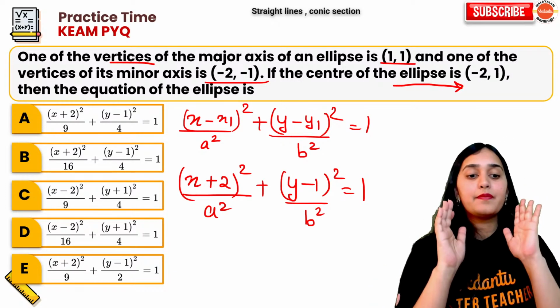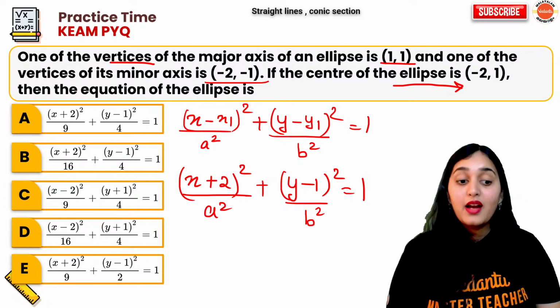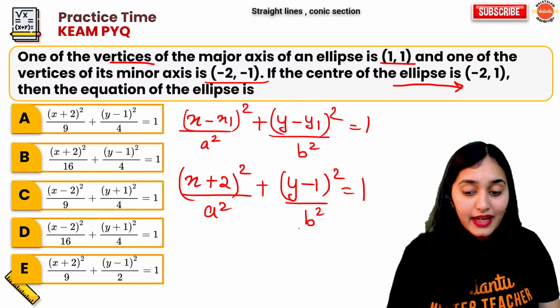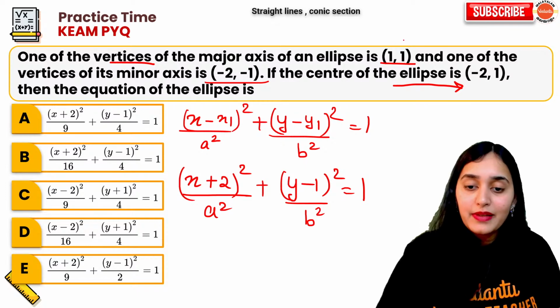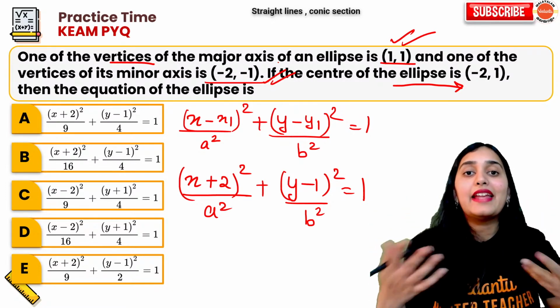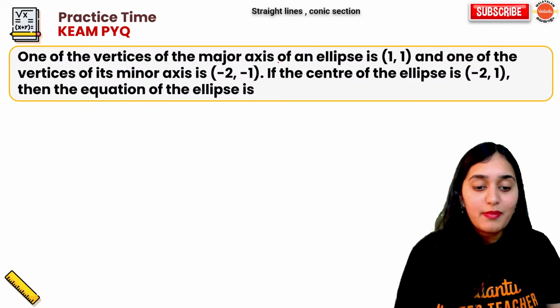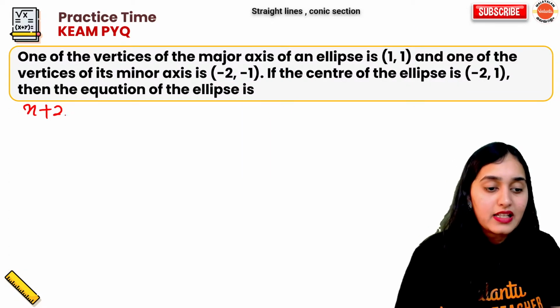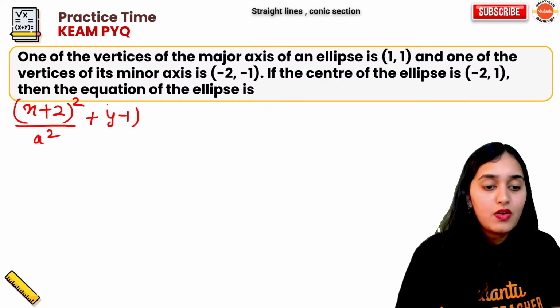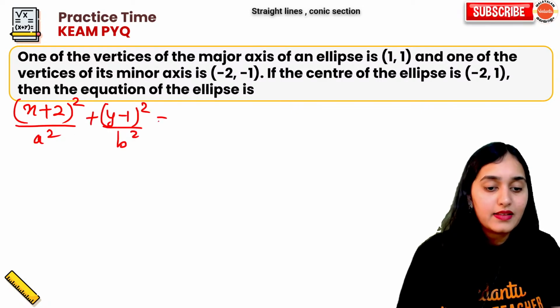Now, this is my equation of the ellipse, but I don't know the values of a and b. So, what can I do? I can simply put these points in the equation and get the values of a and b. So, my equation of the ellipse is x plus 2 whole square upon a square plus y minus 1 whole square upon b square is equal to 1.